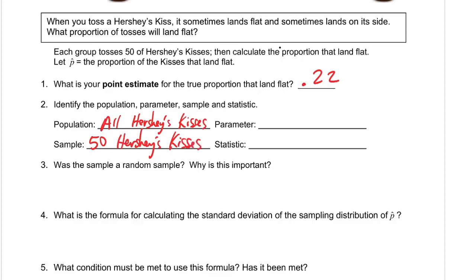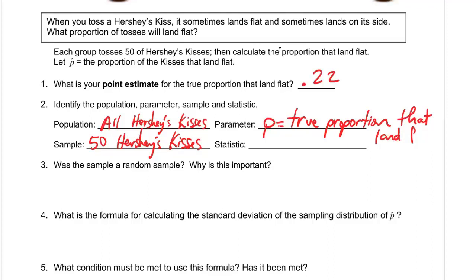The parameter is when we just write the regular letter P, and that's going to be the true proportion that land flat or land on their base. So it's really easy with a coin, right? Coin's 50-50.